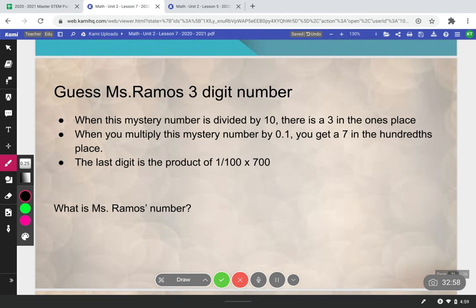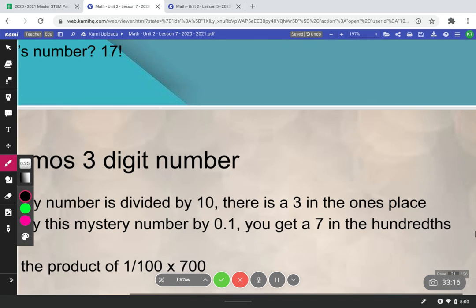Now we're doing Ms. Ramos's secret number. So we have 3 clues. Oh, and it's a 3-digit number. So let's use the clues to figure out this secret number. So here I have our number line.